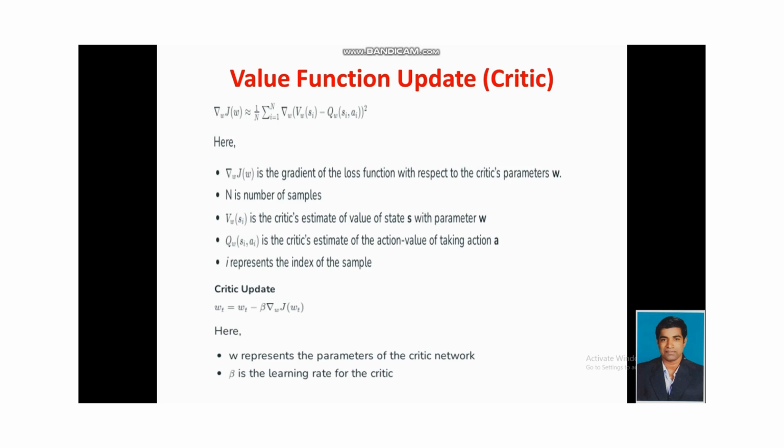V_w of s_i is the critic's estimate of the value of state s with parameter w, and Q_w of s_i a_i is the critic's estimate of the action value of taking action a. i represents the index of the sample. Critic update: w_t equals w_t minus beta into gradient w of J(w_t). Here w represents the parameter of the critic network, and beta is the learning rate for the critic.